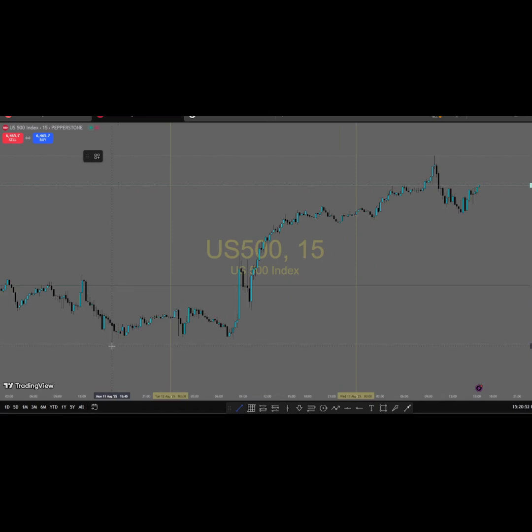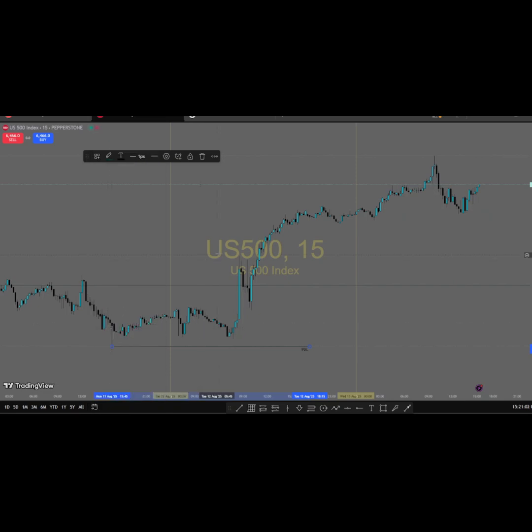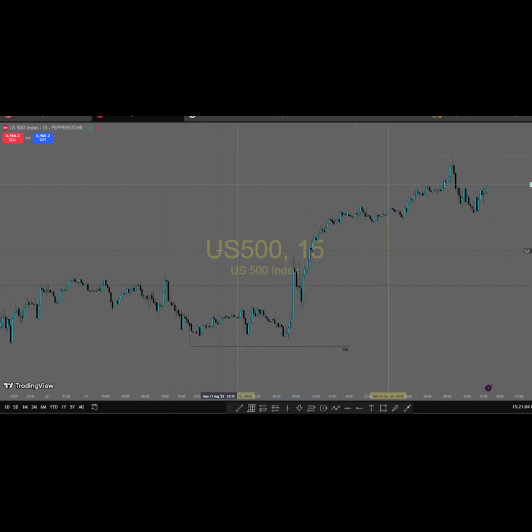So there we go. That is the previous day low on US500. The previous day low in this case was Monday's low. This was Monday's trading. It posted this low.